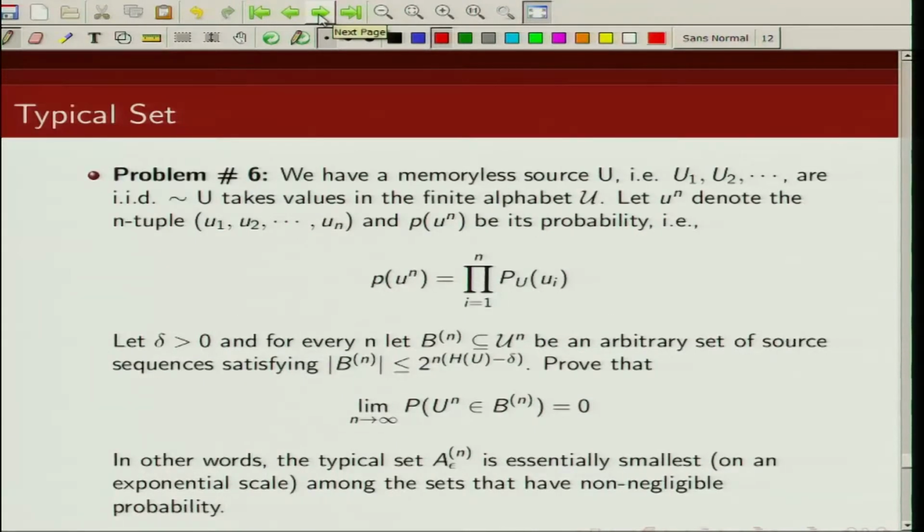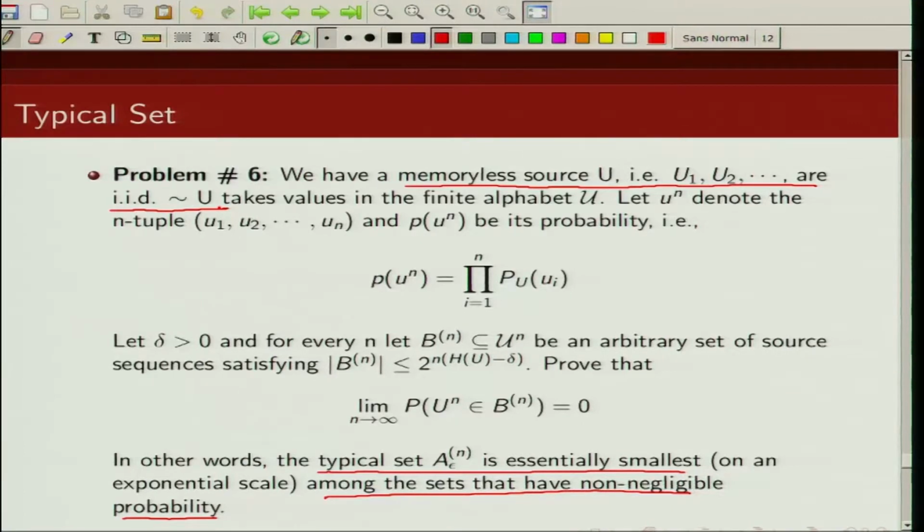Okay. Finally, we are going to show you that a typical set is essentially the smallest among all the sets that have non-negligible probability. So let us consider a memoryless source U, which is emitting these random variables ui's, and these are IID distributed.